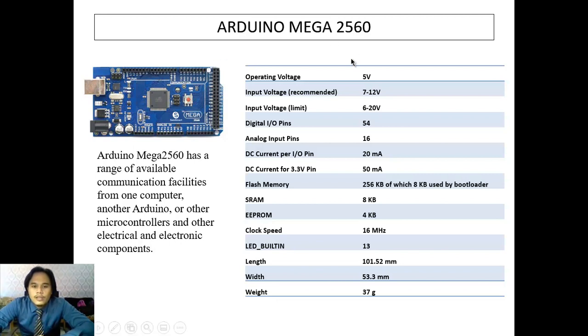As you can see, this is the specification of Arduino Mega. It has many digital input and output pins, and analog inputs. It might help me to design and fabricate my project. And this controller can handle the program.